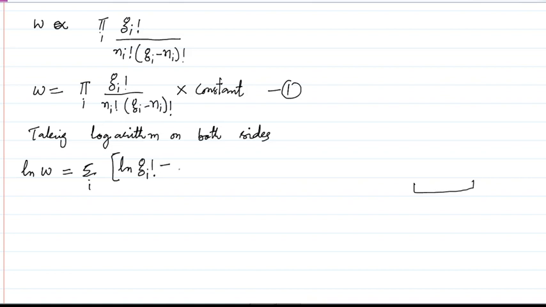So ln of Gi factorial minus ln of Ni factorial minus ln of Gi minus Ni factorial, plus a constant. Here we have taken the natural log, so you can take log or natural log.